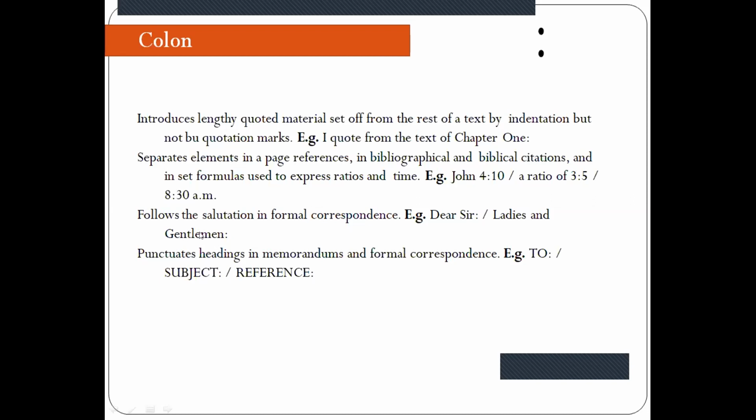So mark that one. And the next one follows a salutation in formal correspondence. In formal correspondence, e.g. Dear Sir, you put a colon, Ladies and Gentlemen, and that's also a colon. I beg your pardon, colon, not semicolon. Next, it punctuates headings in memorandums and formal correspondence, e.g. To, Subject.